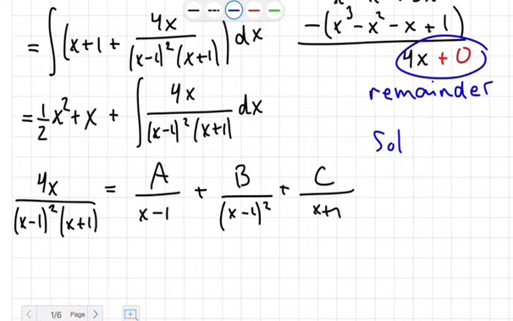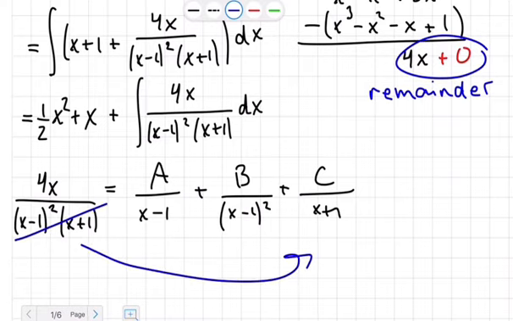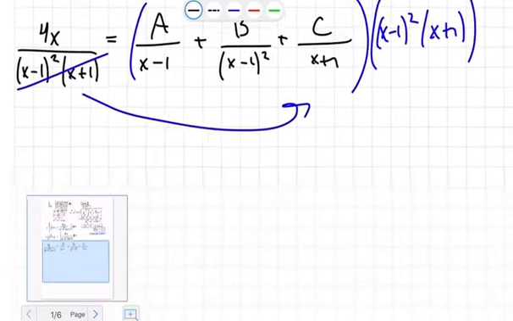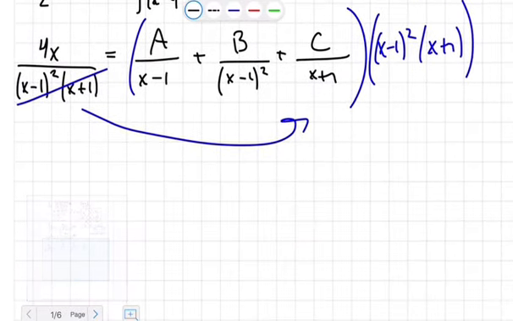So let's make a bit of room here for ourselves. If I take this and bring it over to the other side, what I end up getting is multiplication by x minus 1 squared, x plus 1. Let's clean that up a bit, and let's give ourselves a bit more room. So on the left-hand side, we have just 4x.